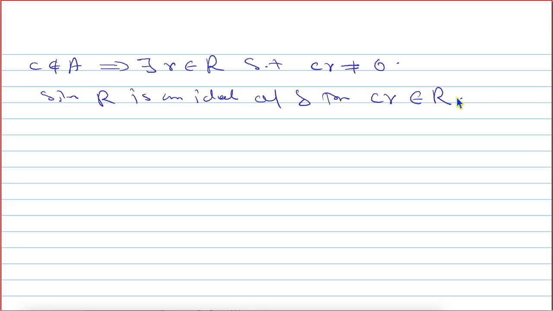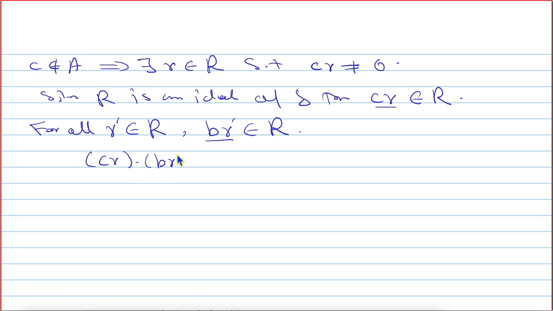Now, for all elements r prime in R, we also have the product by elements from S in R. And in particular, we have the product Br prime must be in the ring R. Now let's take the product of these two elements, Cr dot Br prime.